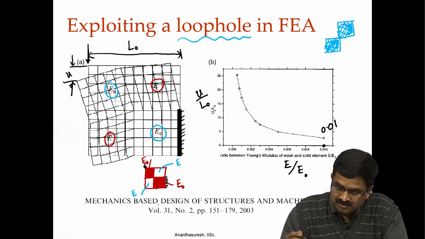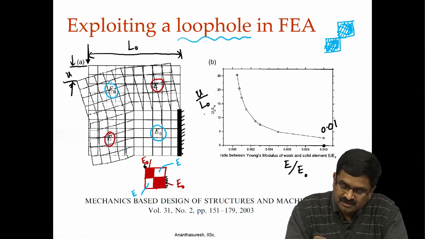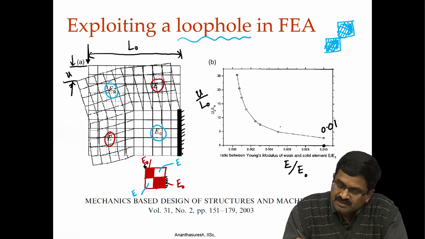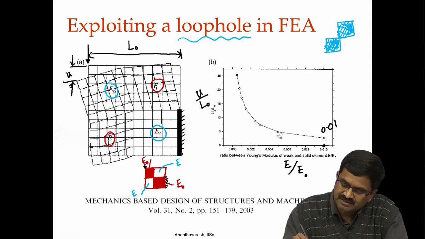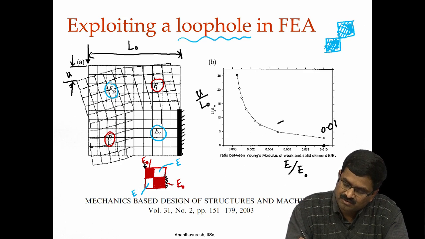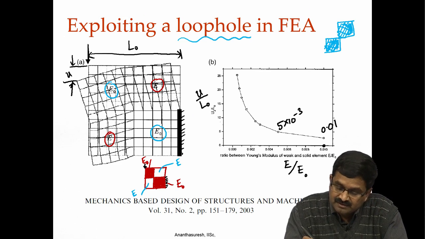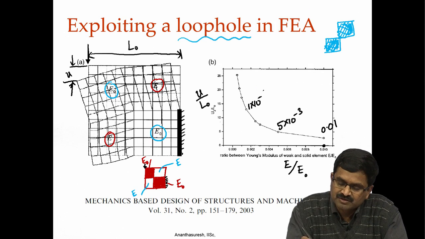How does it go? u by L0 is on this axis, and this one is 5 into 10 power minus 3, the ratio E by E0, and this one seems to be 1 into 10 power minus 4.